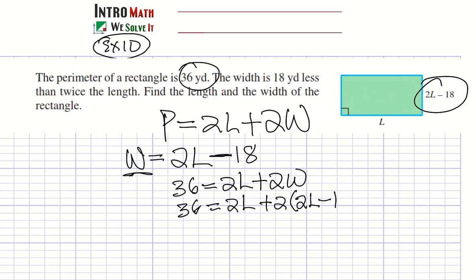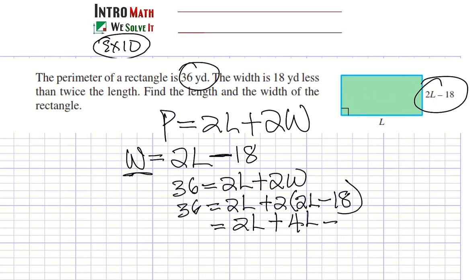2L minus 18. You see that, right? 2L plus 4L plus, minus 2 times 18. Alright? I hope you see what I'm doing, because you gotta go slowly, don't wanna mess up.